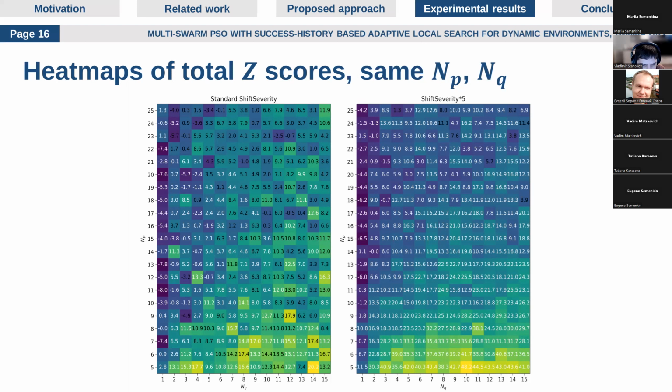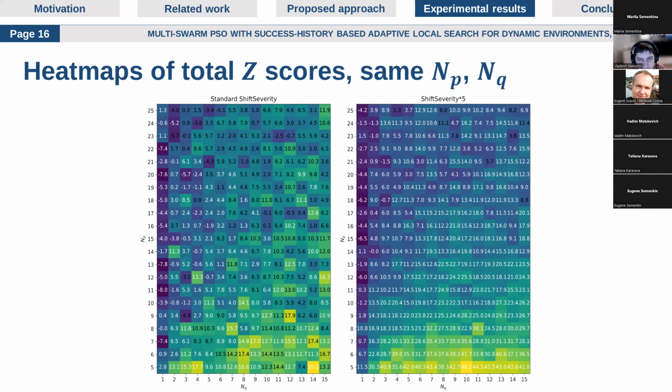On the left part, you can see that if we increase the number of quantum particles and the population size is relatively small, the modified algorithm becomes much better, because if there are many quantum particles, it mainly relies on them in the search. But nevertheless, even if we increase the population size, the proposed algorithm performs much better.